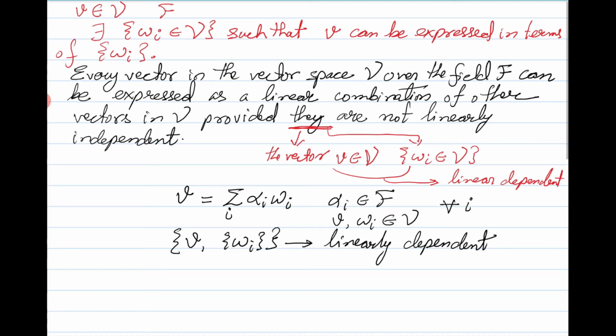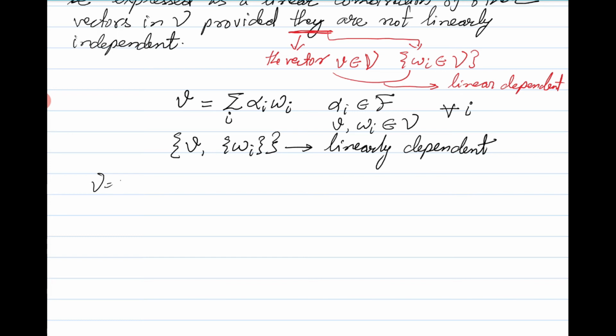Okay, some examples. Suppose the vector space considered is R3 and the corresponding field that I am considering is R. Then in that case, let's pick up a vector, let's say it is 2, 3, 10.